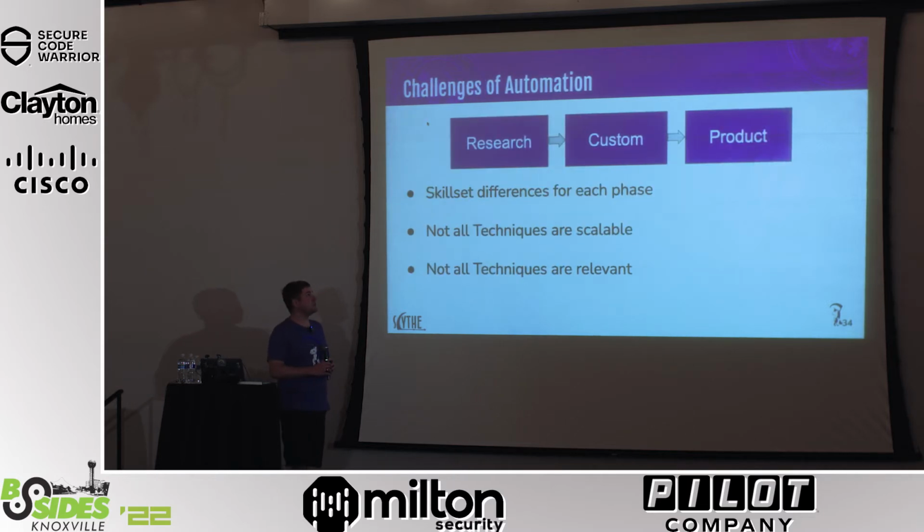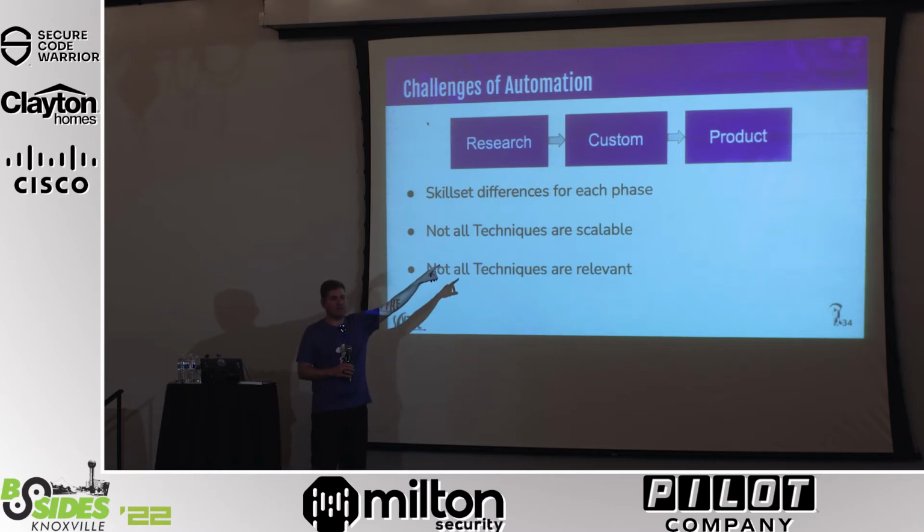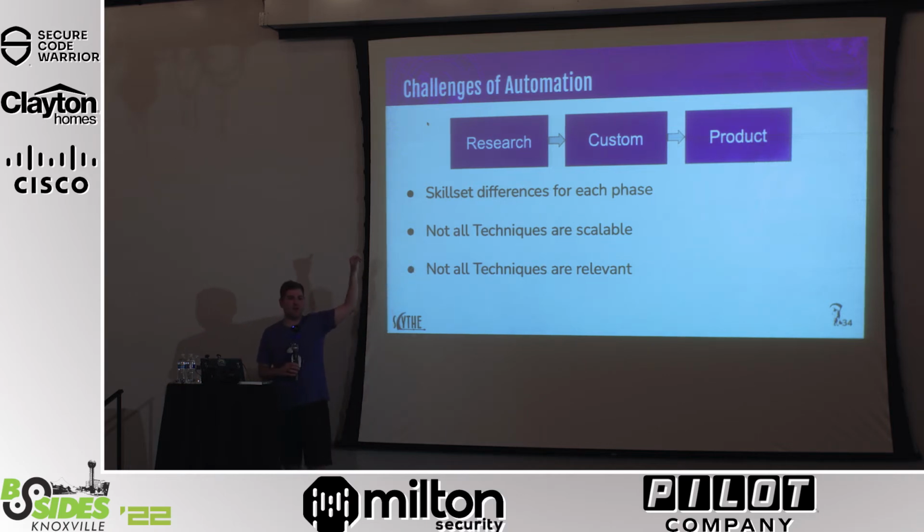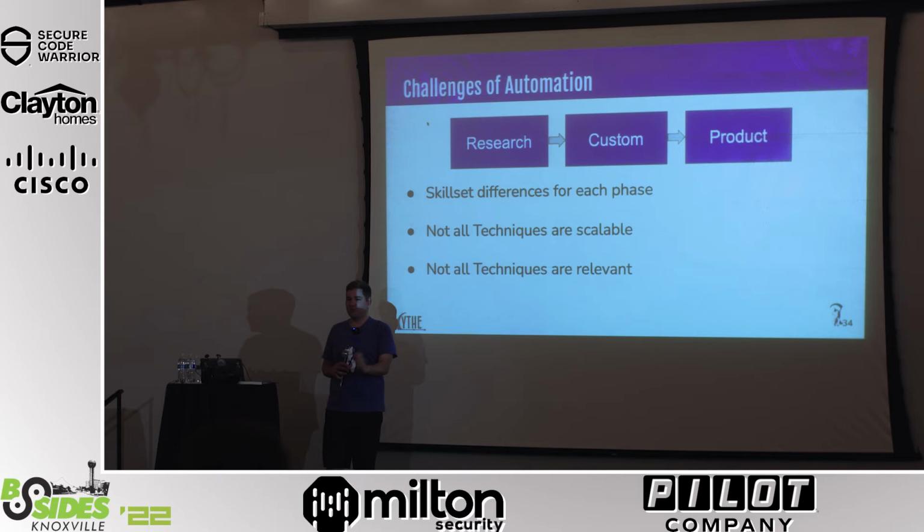Now, one of the biggest challenges with automation, I think, is that we tend to really focus on the research and custom parts of what we're building. Researchers want to come up with the research, identify something, build a proof of concept to showcase that it is an idea that works, and then that's where we leave it.